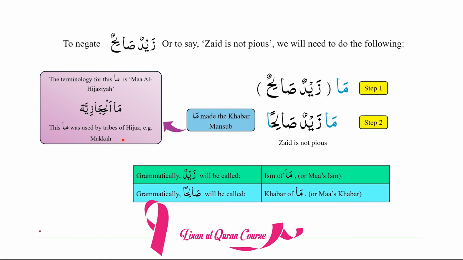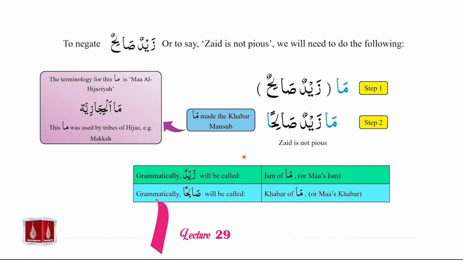Please also note that grammatically, Zaidun will now be called the ism of ma, or ma's ism. And grammatically, Salihan will be called the khabar of ma, or ma's khabar. Again, this is similar to inna, where the mubtada was no longer called mubtada, but was called inna's ism, or the ism of inna.